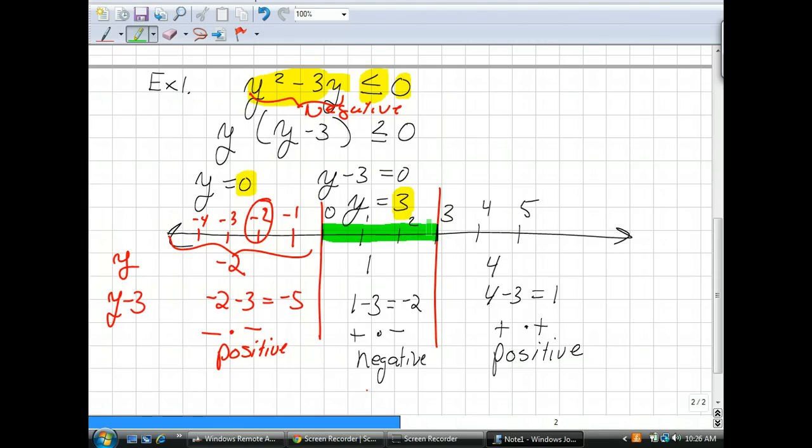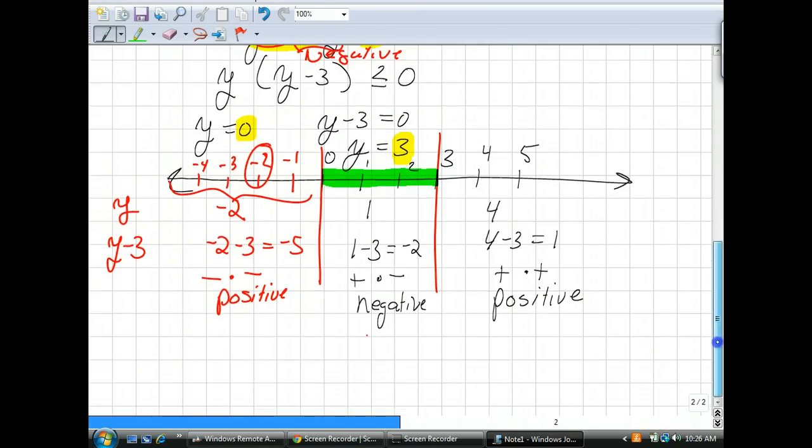And so then that is our solution. So our solution then for this one is all y such that y is greater than or equal to 0, because we have the equal sign here, so 0 is included, and y is less than or equal to 3. Okay, so the solution to this inequality is the interval between 0 and 3, inclusive.